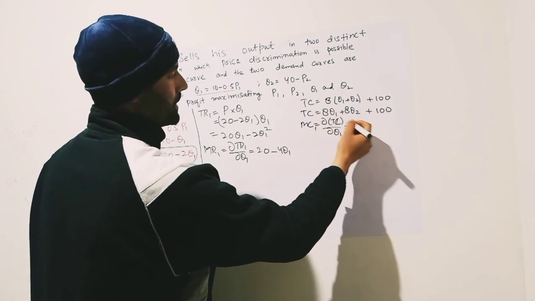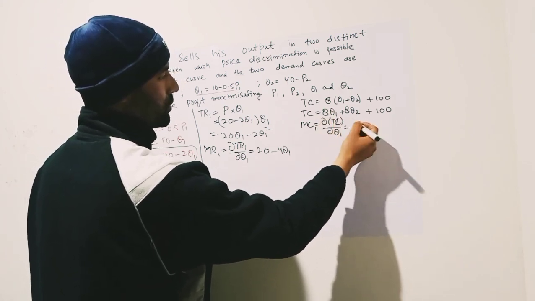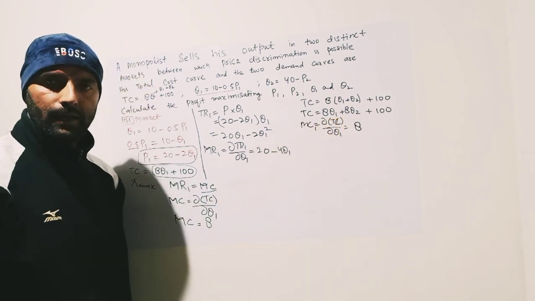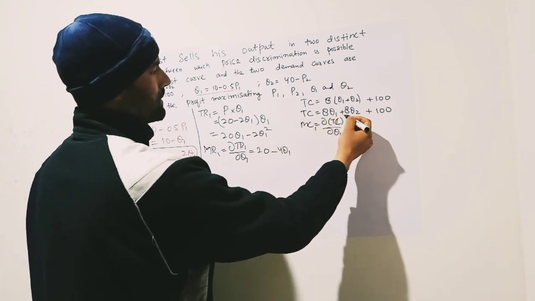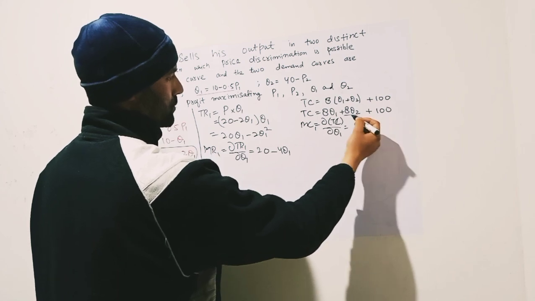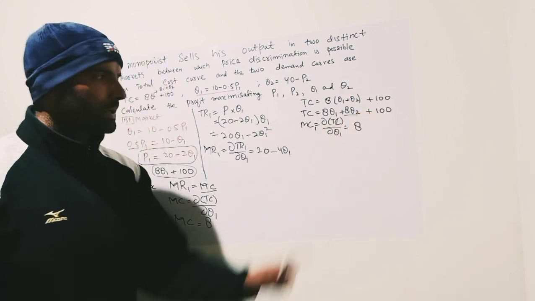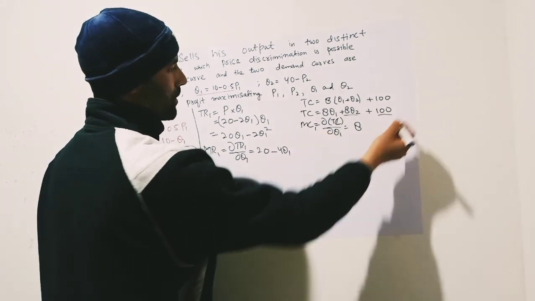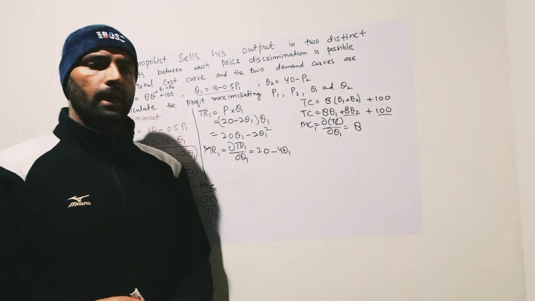The derivative of q1 is 1, so we are left with only 8. The other terms are treated as constant because we are taking the partial derivative with respect to q1, so their derivative will be equal to 0.